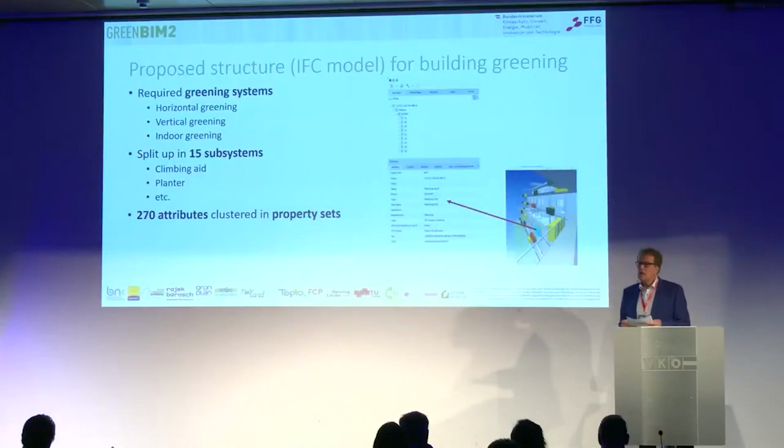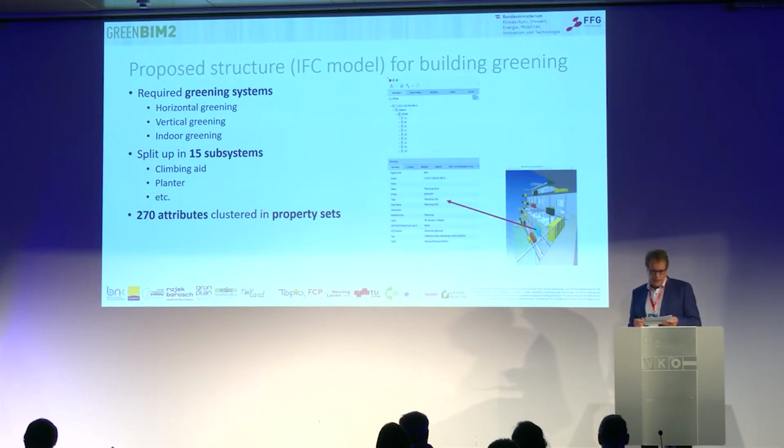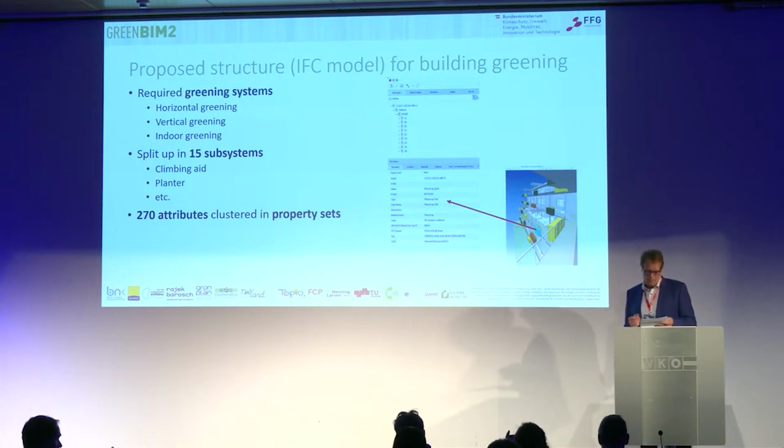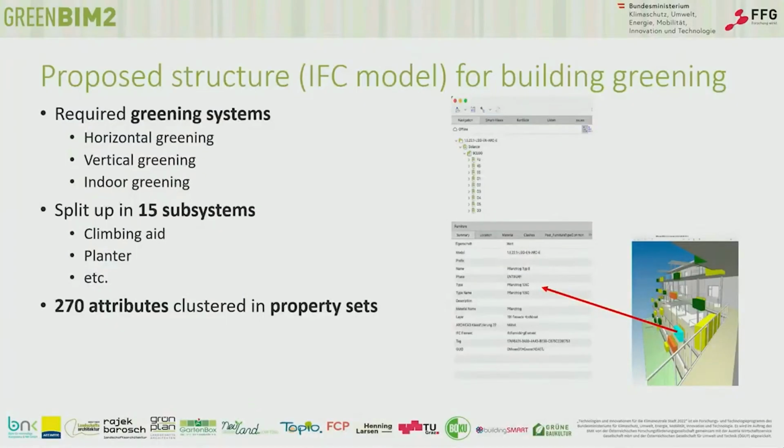The proposed structure for the IFC model is shown here. It's for building greening. We have to require 3 greening systems, I like to say. Horizontal greening, it's mostly roof greening, and vertical greening like facade greening and indoor greening.